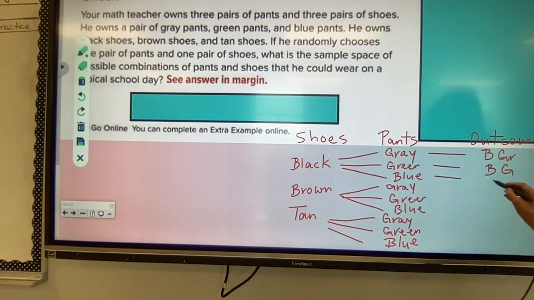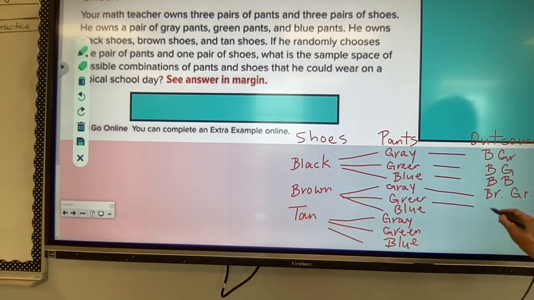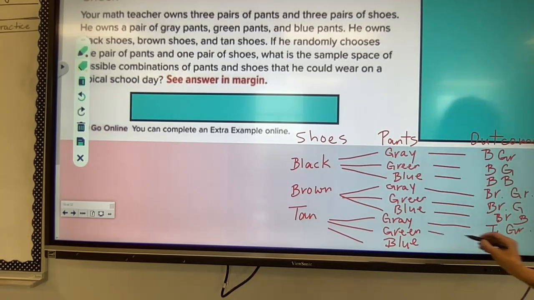I can do black and blue. Over here, I can do brown and gray, brown and green, brown and blue. And over here, tan and gray, and tan and green, and tan and blue.